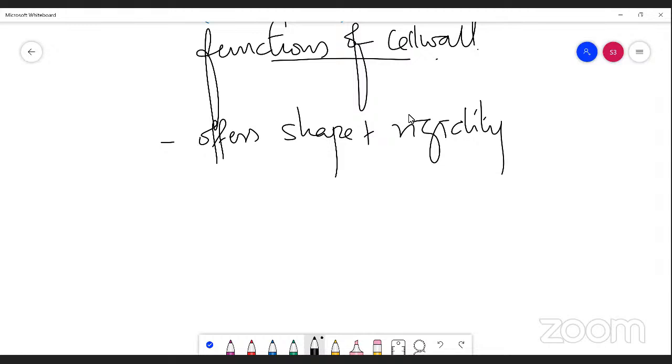Okay. The second point is that it also provides a barrier for several molecules in order to enter inside the cell.